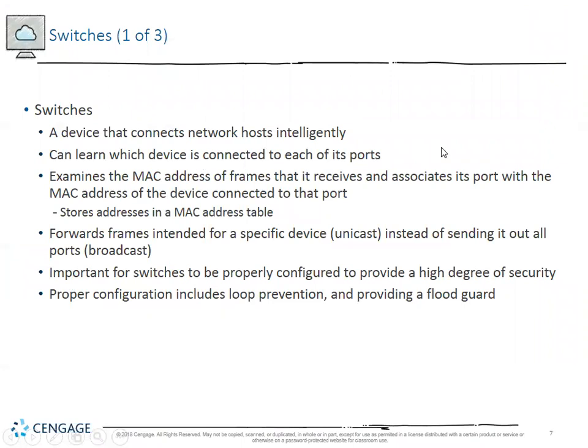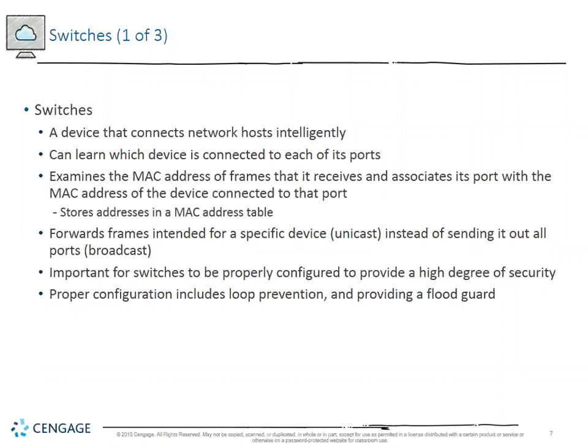So every time you plug something in, it's learning what's plugged in. Well, they say that pretty much all switches out there can only handle, I think it's 4,000 addresses. What it is, they built a table of devices connected. They can only handle up to 4,000. What do you think happens when they go over 4,000?